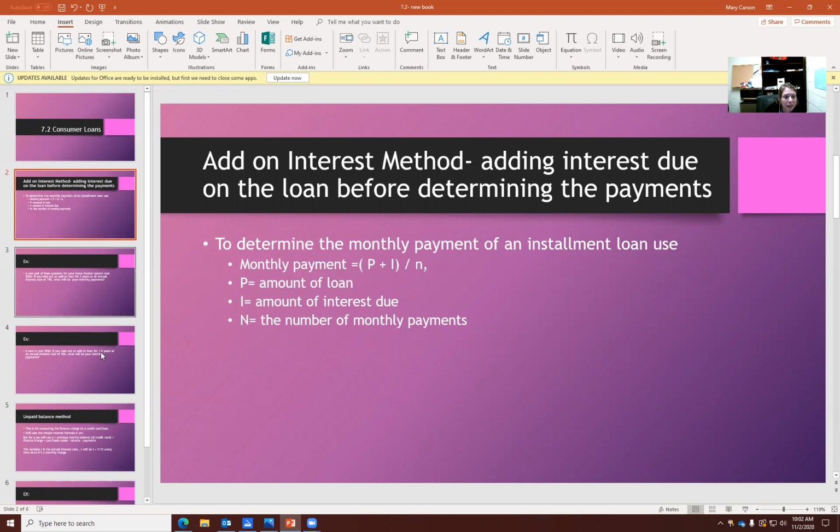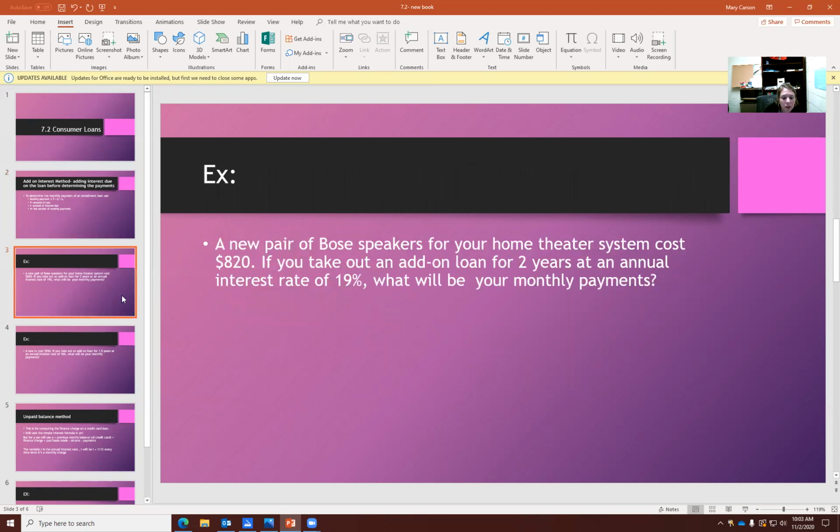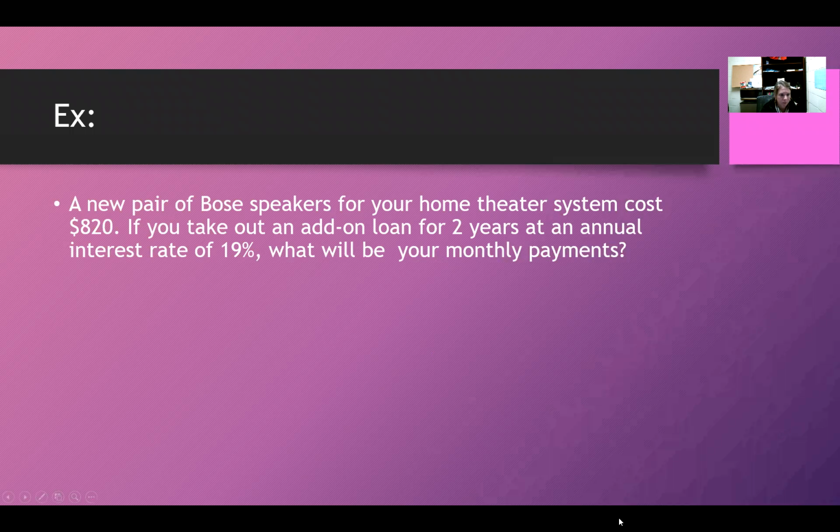So let's look at an example of this real quick. You have a new pair of speakers for your home theater that costs $820.